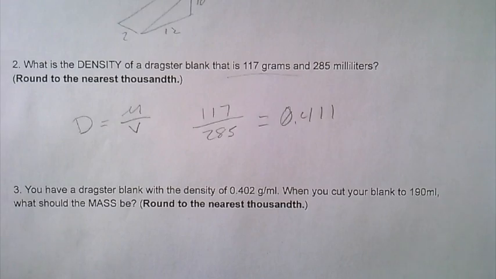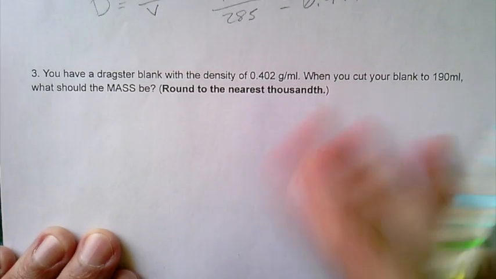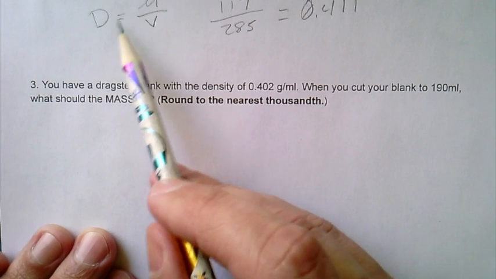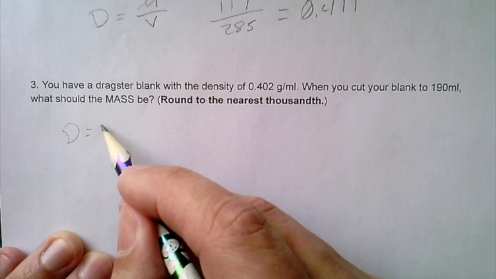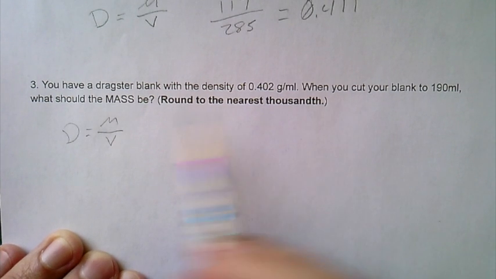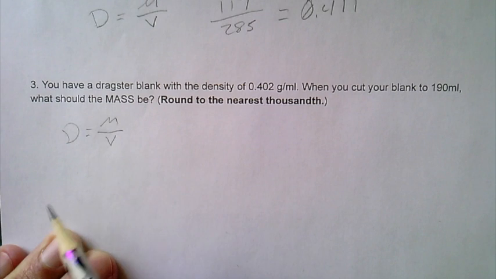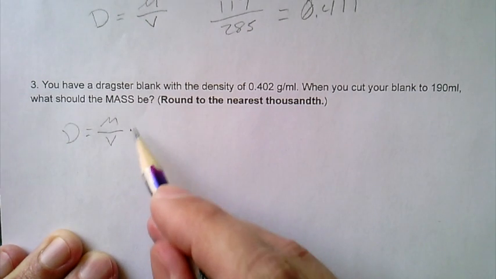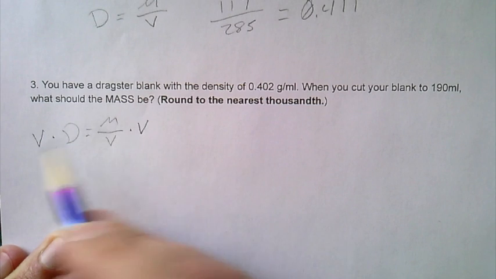Okay, and then here, a little explanation about what's going on. We've got this formula, density is mass divided by volume. If we just take this relationship, we're just going to switch it around. If I need to solve for mass, what do I need to do to each side to make mass on one side of the equation by itself? The answer is I have to multiply times volume. And you can't do something to one side without doing it to the other.